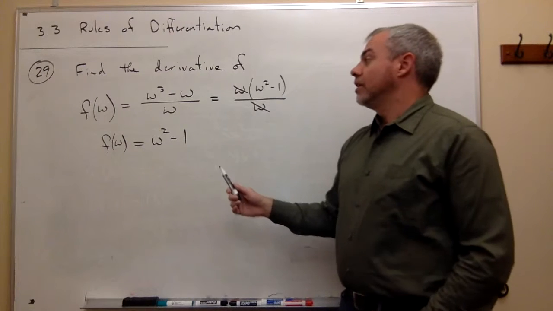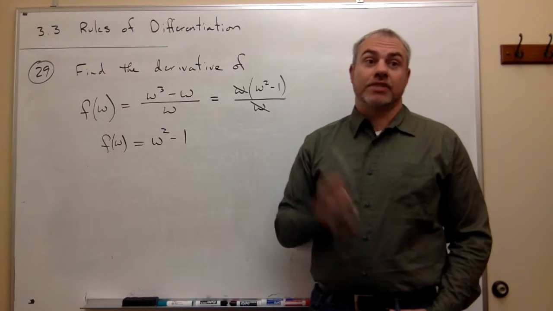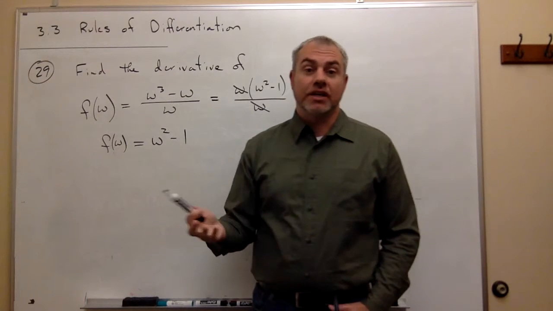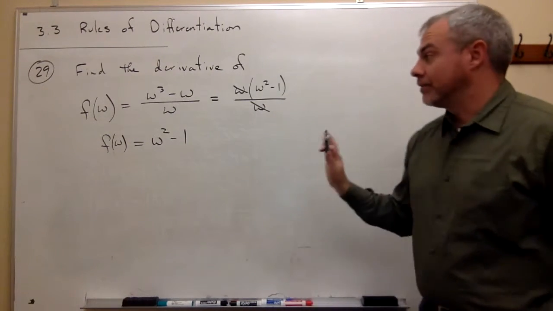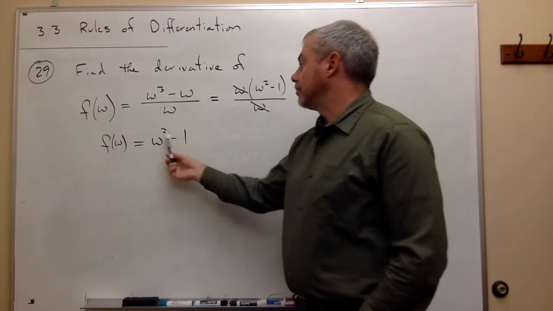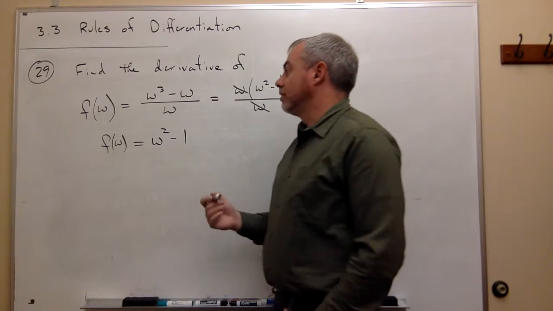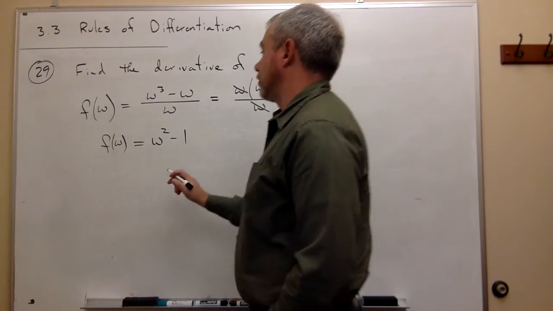And so I'm not worried about where w equals 0, because the function is undefined there, meaning the derivative doesn't really have a lot of meaning there either. Set that aside though, and we have that f of w equals w squared minus 1, provided that w is not 0. And so now we can take a derivative.